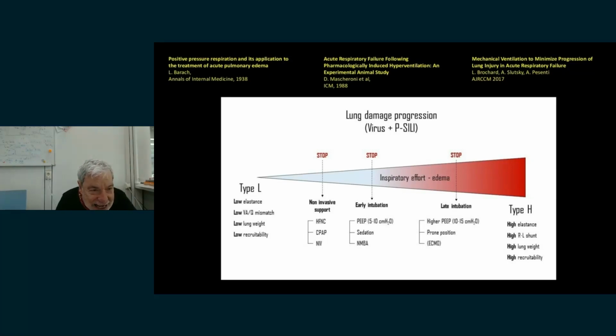These are the first reports: Barach, a beautiful paper in the Annals of Internal Medicine, Mascheroni and Kolobov in '88, and in 2017 Brochard, Slutsky, and Pesenti in the Blue Journal. But it's always the same thing.